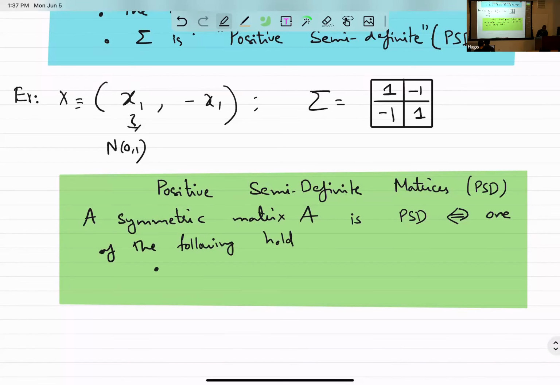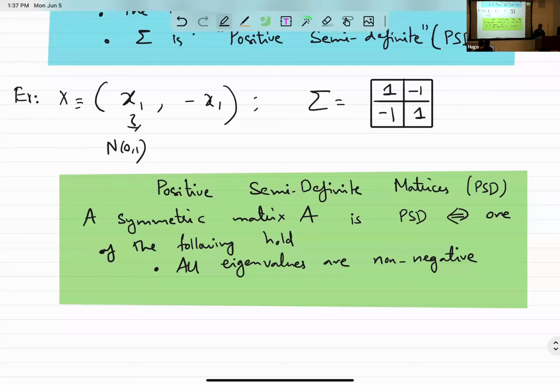The first thing is all eigenvalues are non-negative. When I just tell you that all eigenvalues are non-negative, going from there to saying that all diagonal entries are, that is not immediate.